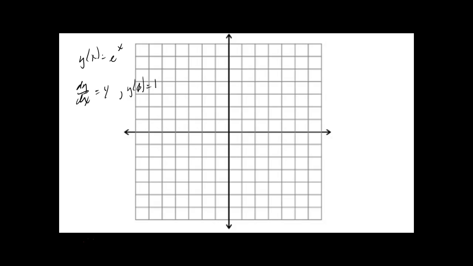And they say that so is this. dy/dx is equal to y. Same thing we said before. This time they're going to say y of 5 is equal to 1.